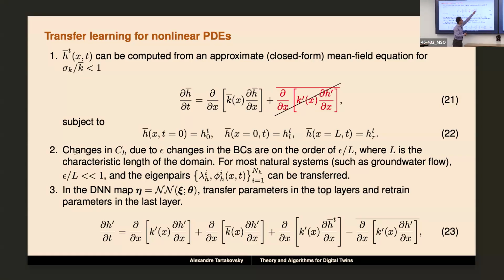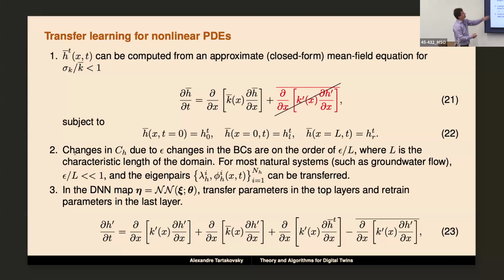Yes, it's a product of fluctuations in K and H. So we cannot solve this equation easily. We want to solve it for target initial and boundary conditions. However, in general, we cannot solve it easily, definitely not with one sample, because of this non-local term.